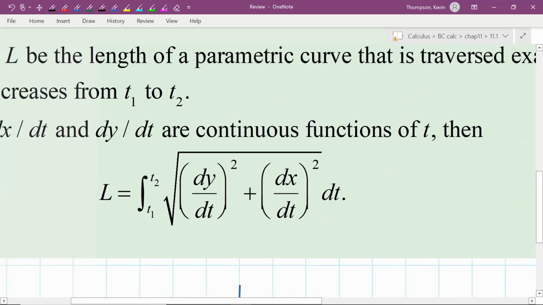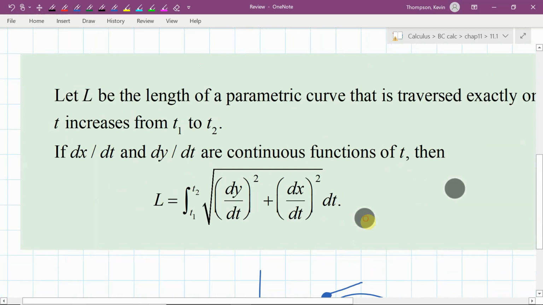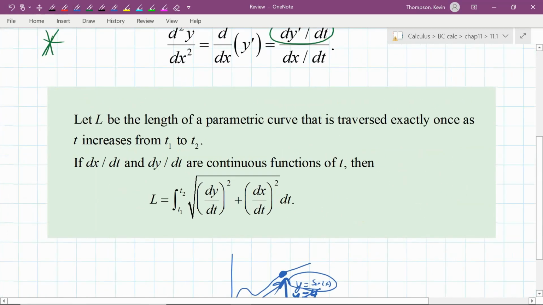So here it is, the length of a parametric curve. Notice it's still Pythagorean theorem, but it's just the derivatives of x and y, since they're functions of t. Definitely want to jot that down somewhere.